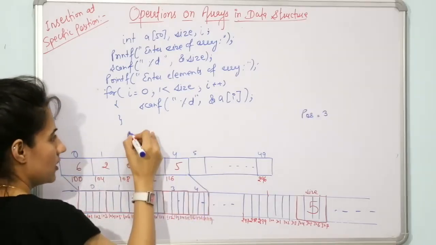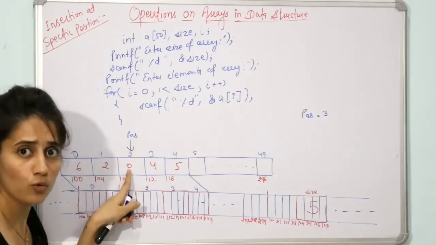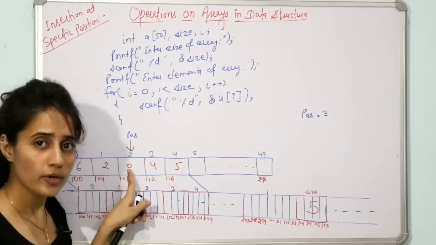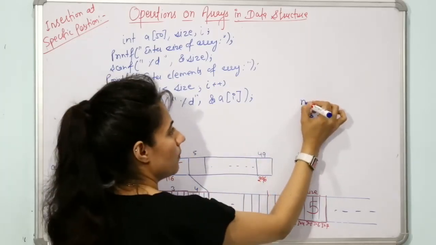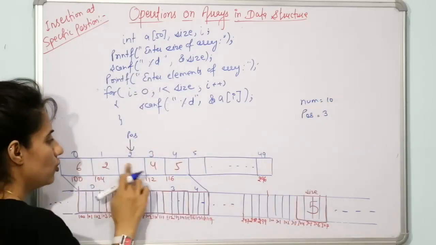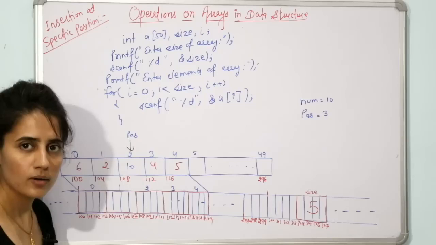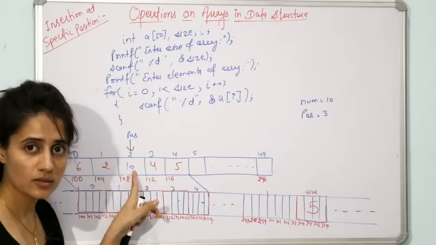So here I am considering this is the position, position is equal to 3, here I want to store the value. So now what can you do? Can you directly store a value? Suppose I want to store the number 10. If I store 10 directly here, then what will happen? Then you will lose 0, and that should not be the case. Fine.